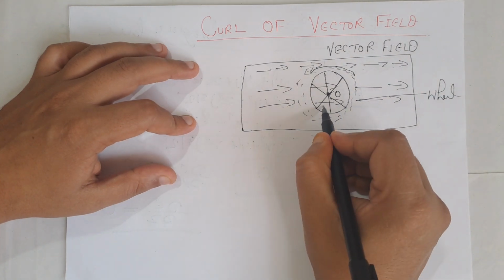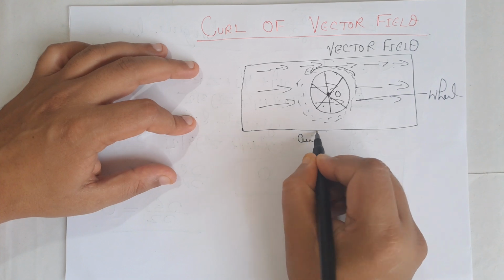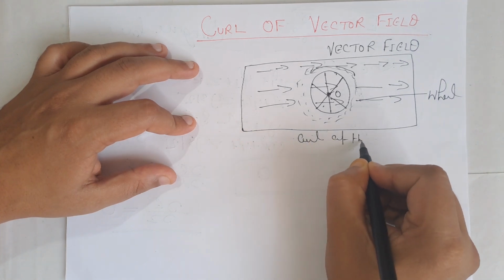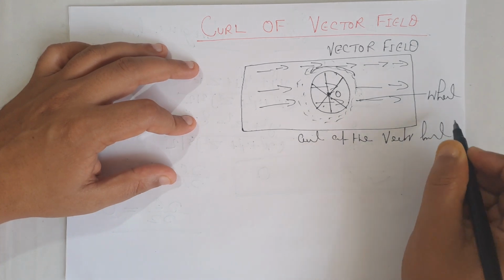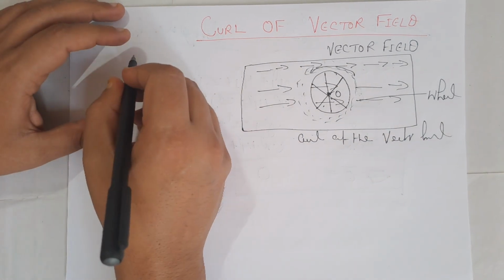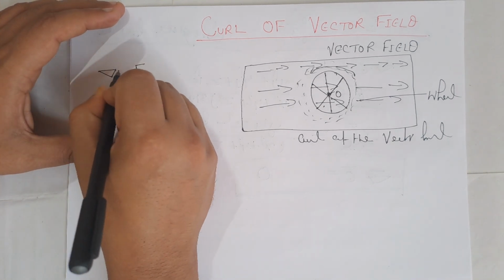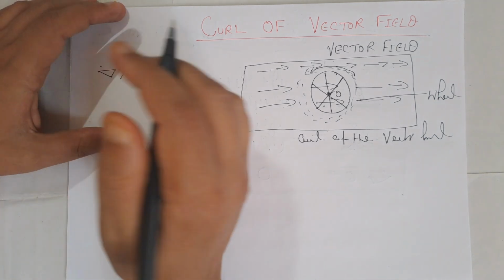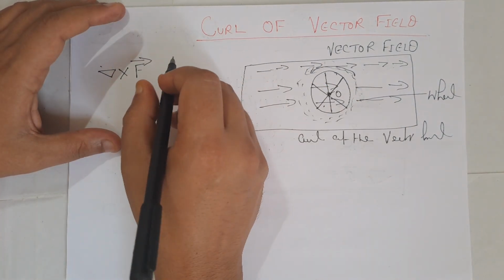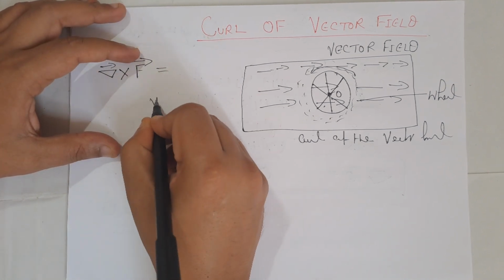So these rotating water particles are an example of the curl of the vector field. The curl of the vector field F is denoted by del cross F.